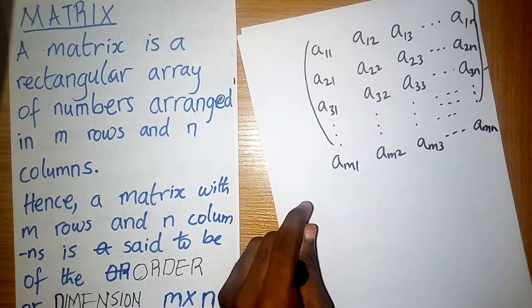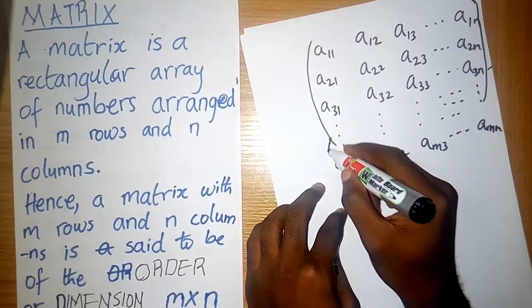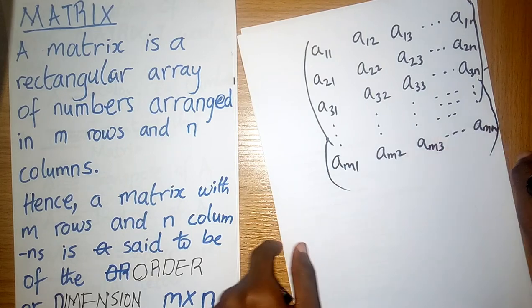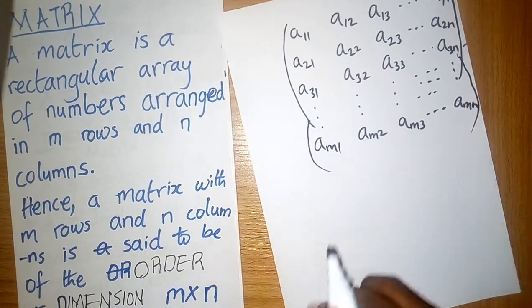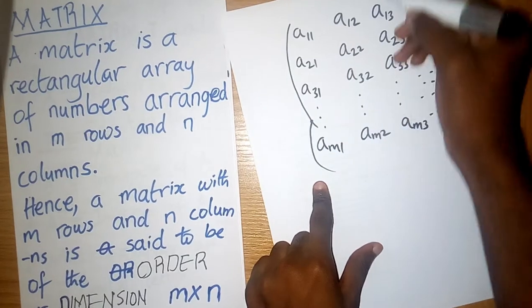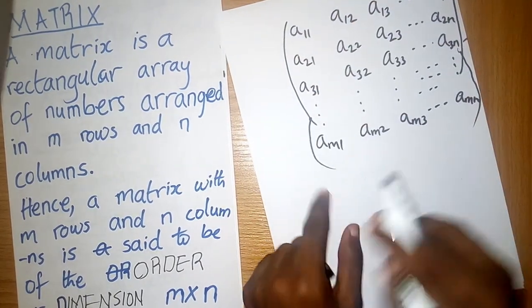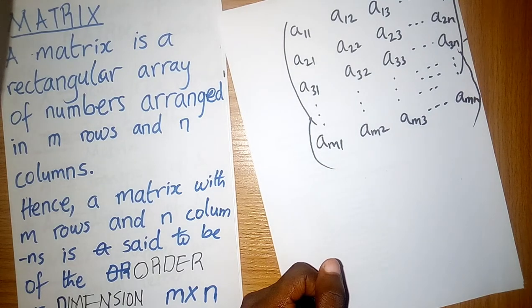When we talk of a tabular arrangement, you see this is a tabular arrangement of our matrix, or you can say a rectangular array of our matrix.